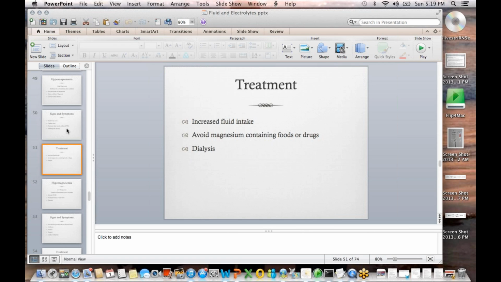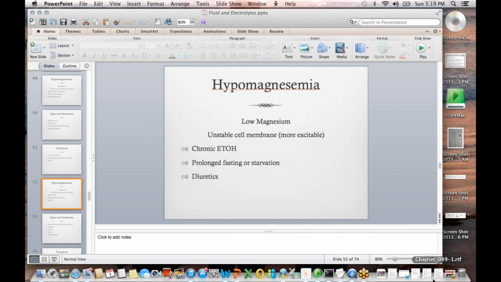So let's continue with our electrolytes. We're talking about magnesium. For treatment of hypermagnesemia, avoid magnesium-containing foods. In the hospital, when we're giving magnesium replacement, there are not that significant effects of hypermagnesemia.